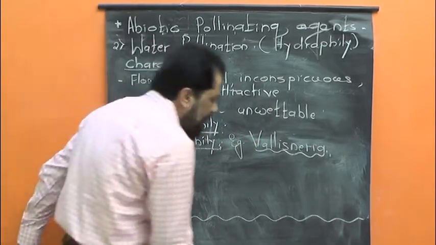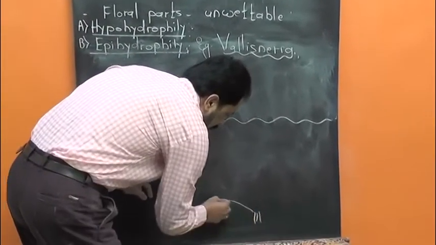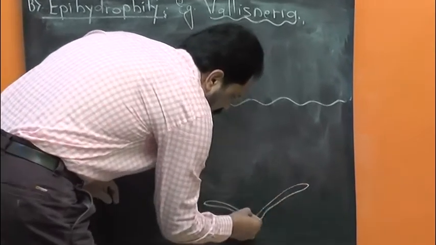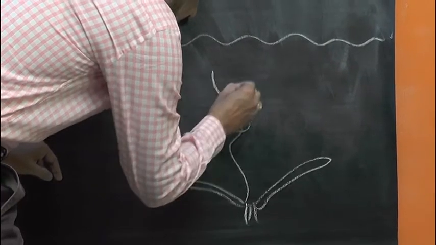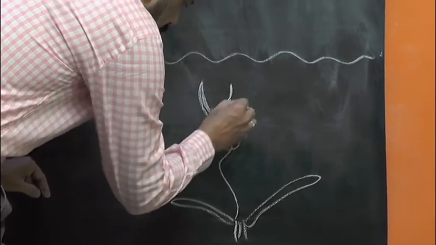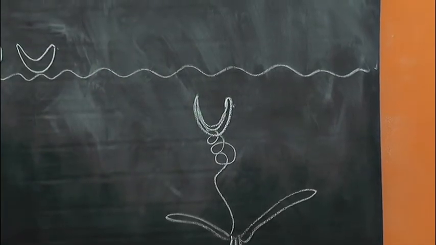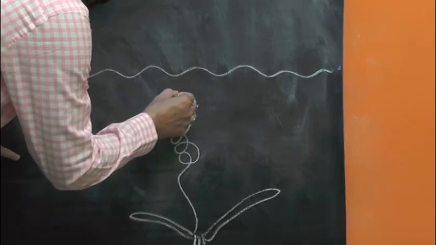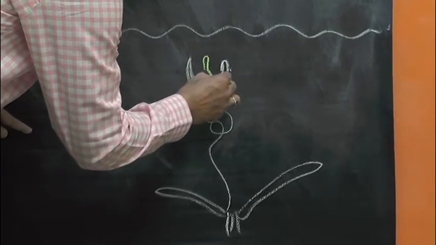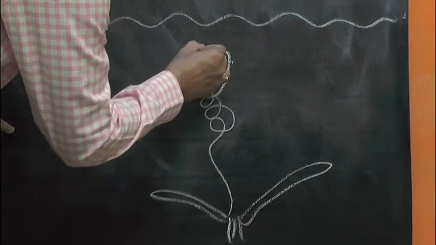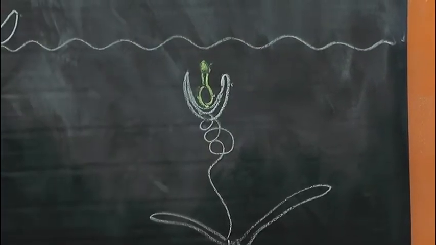Now the female plant at maturity produces the female flower. You know that here the female flower shows only the stigma. Suppose here is a carpel and here is a stigma. Just consider the stigma.